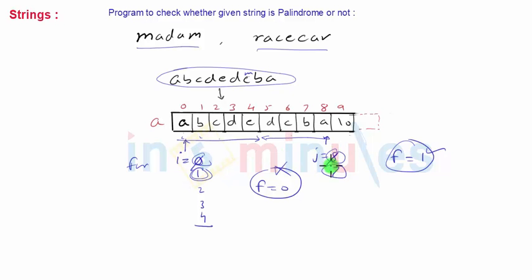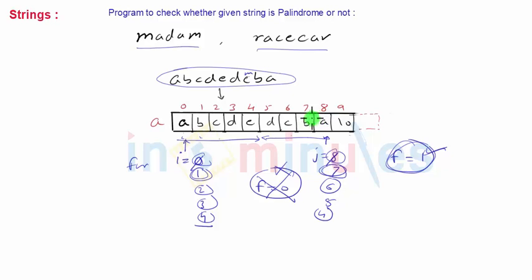No. It checks the 1st and 7th: mismatch, no. The 2nd and 6th: no. The 3rd and 5th: no. We check the 4th and 4th: no. The loop stops when it reaches the middle of the string. Till that point there is no mismatch and f is 1. So when the loop finishes, f is still 1, which indicates that it's a palindrome.